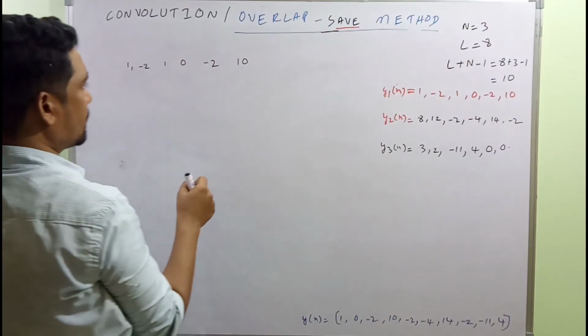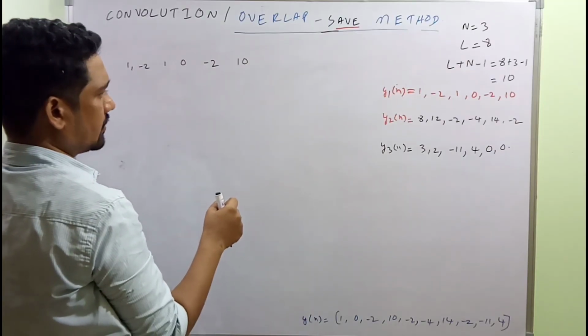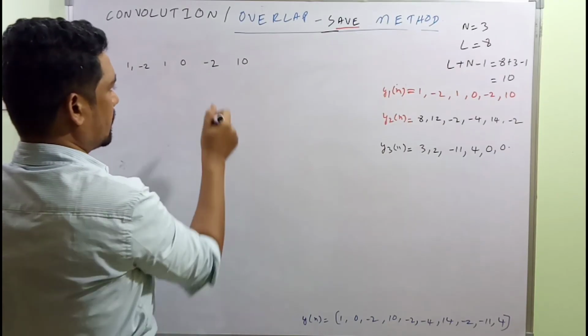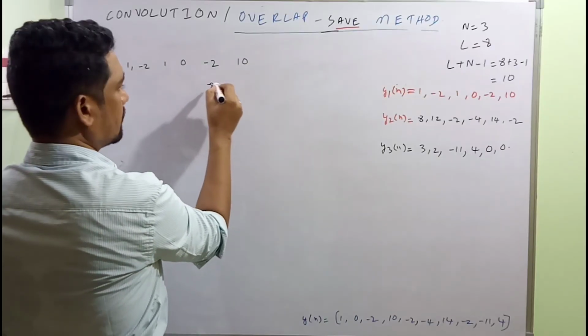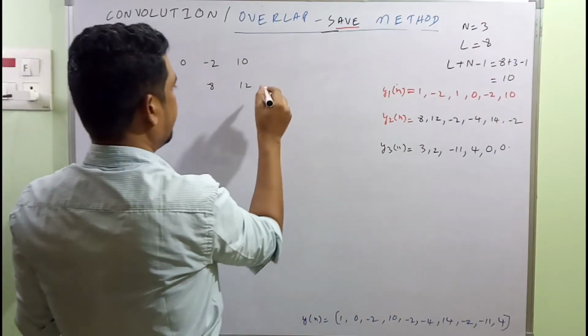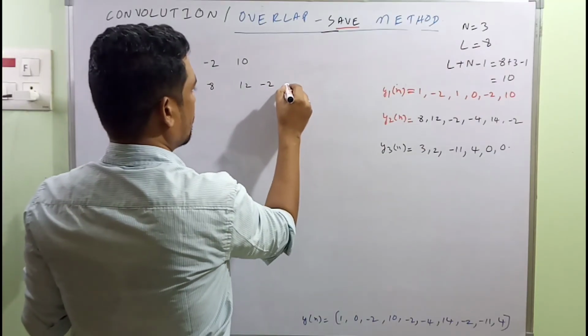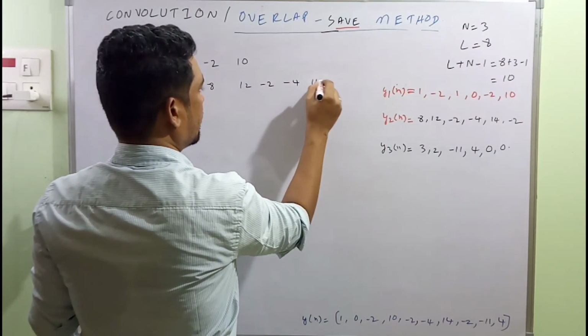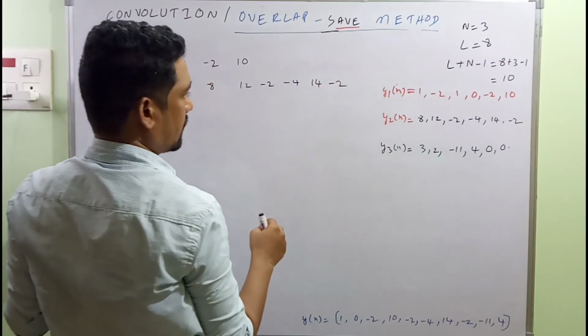And the second sequence, guys, we have to start the second sequence here: 8 12, because 2 zeros were added, 12 -2 -4 14 and -2, right?